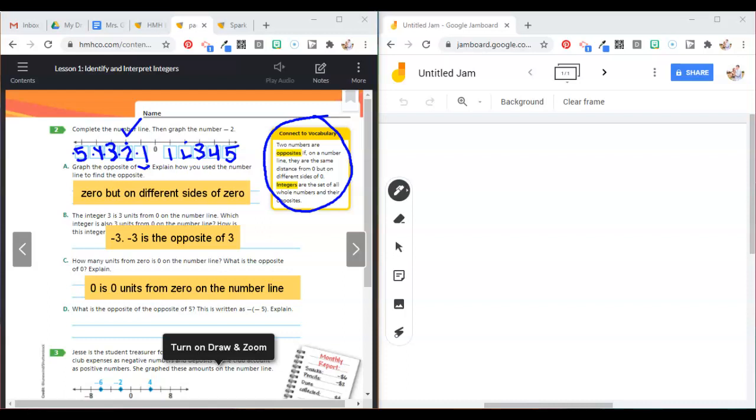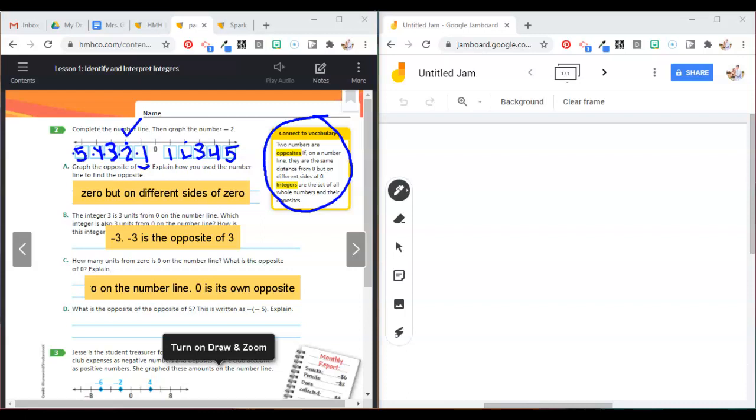That's the first part. Our next part, what is the opposite of 0? 0 is, oops, sorry. 0 is its own opposite.